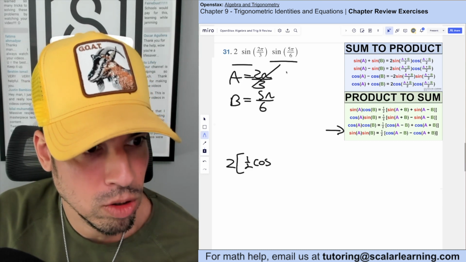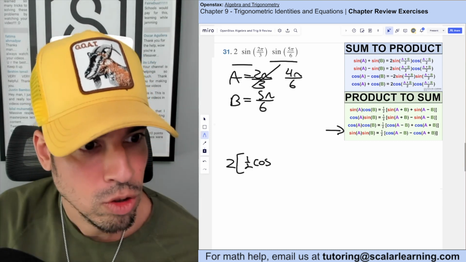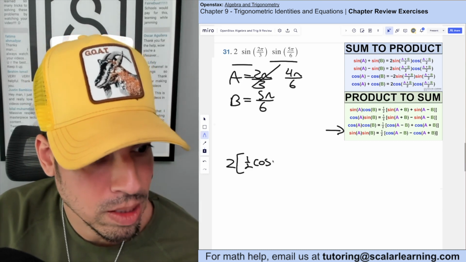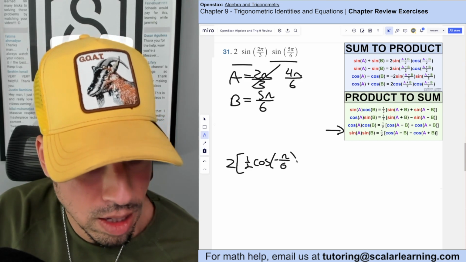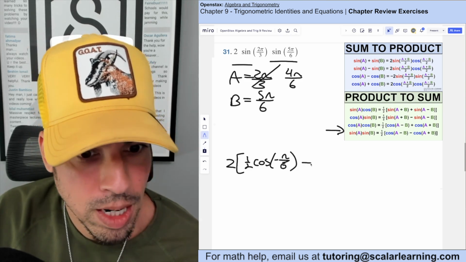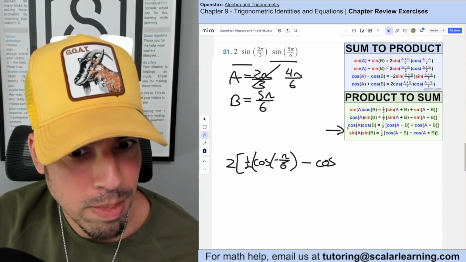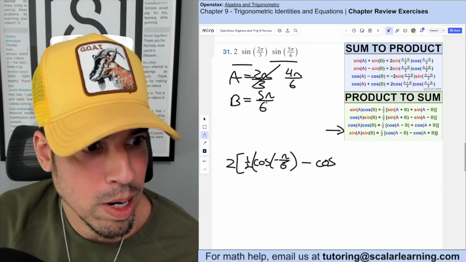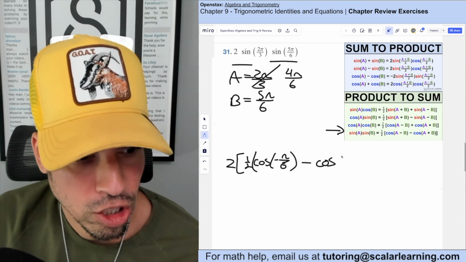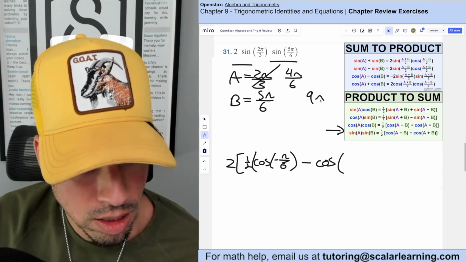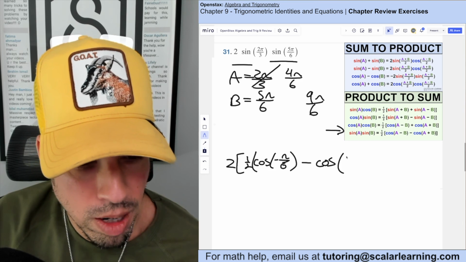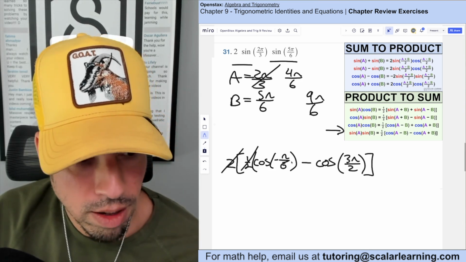And by the way, 2 pi thirds is the same as 4 pi 6, right? So the difference of these two, 4 pi 6 minus 5 pi 6 is negative pi 6. And then we have minus, and I added in a parentheses there just to make sure everything's multiplied by 1/2, minus the sum of these two, 4 pi 6 plus 5 pi 6, which is 9 pi 6, which reduces to 3 pi over 2. And of course, the 2 and the 1/2 cancel out.